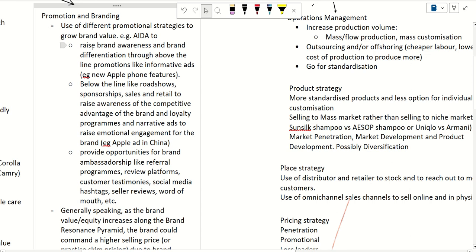So you want to use AIDA to actually raise brand awareness, brand differentiation, like informative ads, so above the line promotions, basically you want to actually target your consumers, but you will also reach out to consumers who are not your present consumers, for example, or may not even be your target consumers. So, but they know your brand, for example. You may have never owned, let's say, a Lenovo laptop, but you know there's a Lenovo brand, correct?